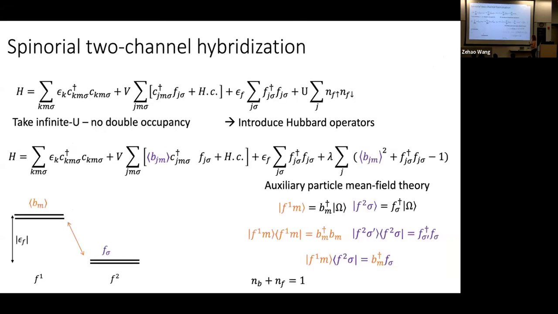Good. All right, so now we go back to the model that we wrote down, but I put a bunch more indices because this is now representing our 2 Kondo channels. So I have this label M for the channel. I go to infinite U, I introduce my Hubbard operators, and then I introduce my mean field theory.